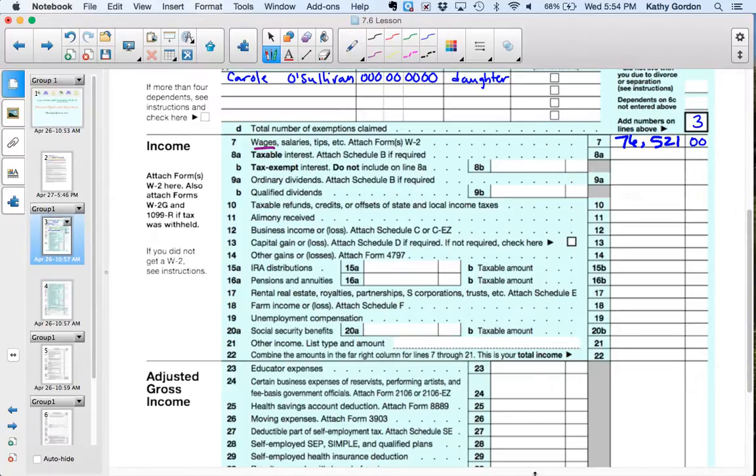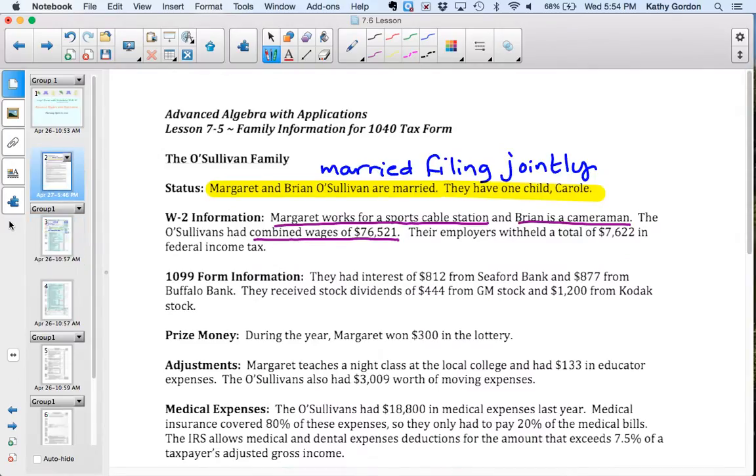Okay, 76,521. Then 8A is asking us for taxable interest. So if we go back, we have information from the 1099 form, which is going to be information about interest and dividends and things like that.